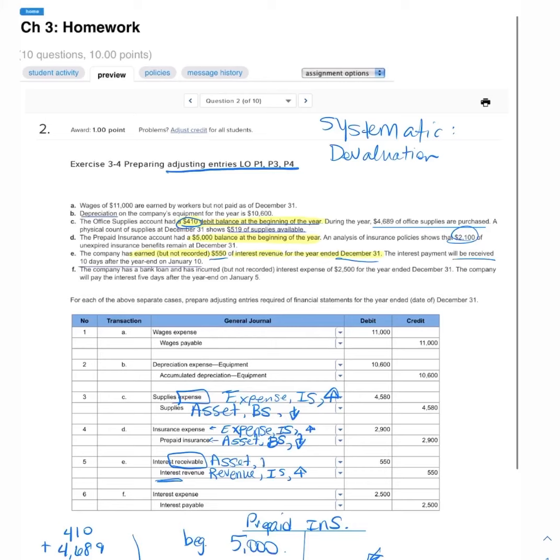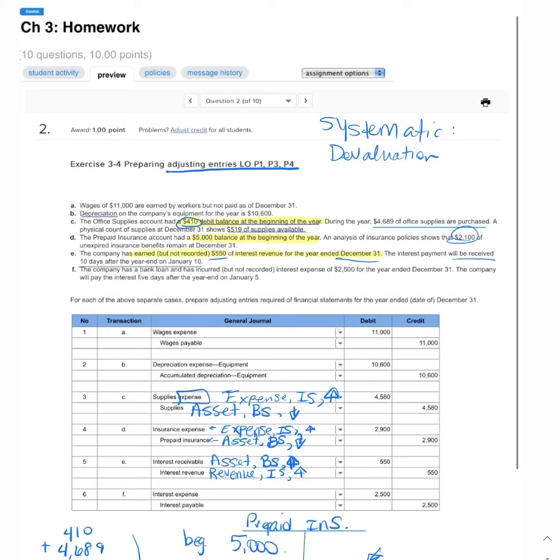And assets go on the balance sheet. And that asset is increasing since it has been debited. So that tells me everything I need for that question. So for number 5, it's just a debit to interest receivable, which is our asset account, and a credit to interest revenue, which is that revenue piece of the transaction, or that income statement portion.